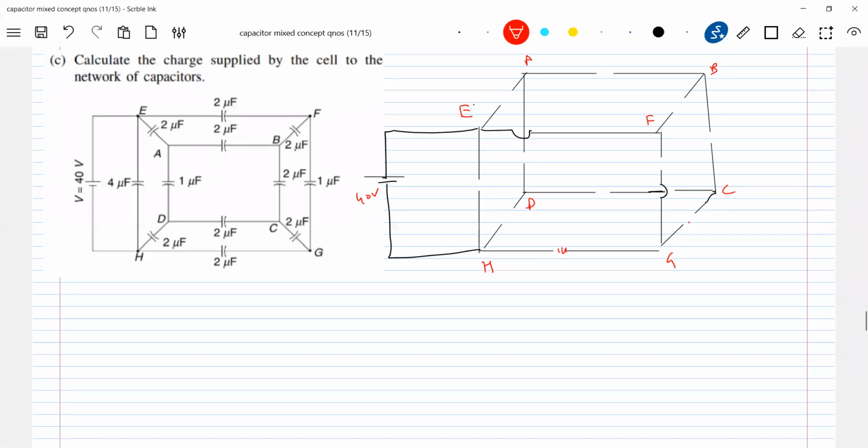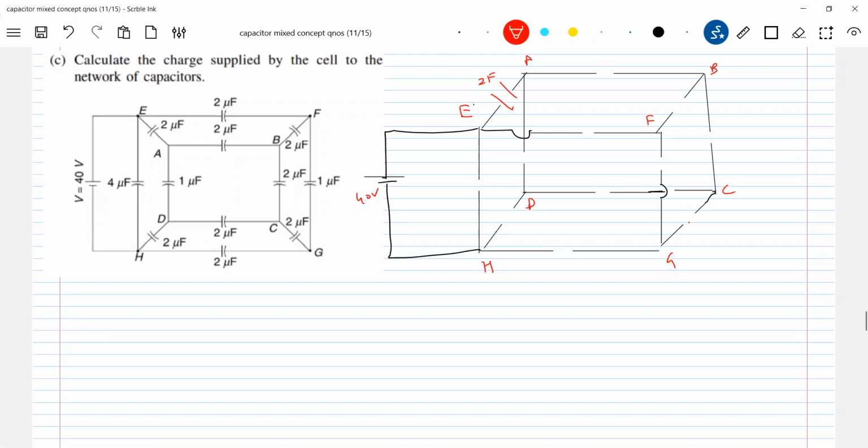Sometimes if you make the plane diagram 3-dimensional, it will be easier. Since you are aware of this shape of circuit, that will be easy for you. Okay, between E and A, all 2 microfarad, I'll give the red color. 2 farad, I'll write it, without the micro.